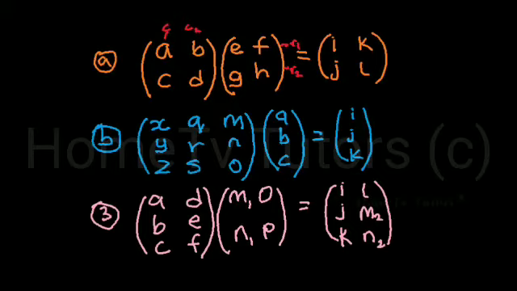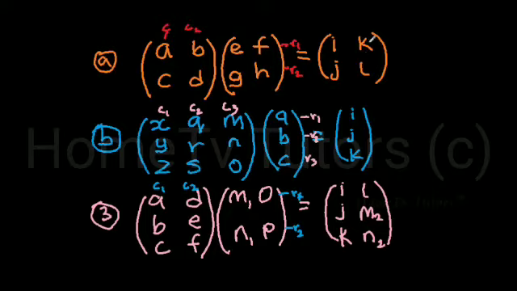Then sample B, the first matrix has how many columns? 1, 2, 3, and the second matrix has how many rows? 1, 2, 3. Good. The third sample, the first matrix has how many columns? 1, 2, and the second matrix has how many rows? 1, 2. Good.